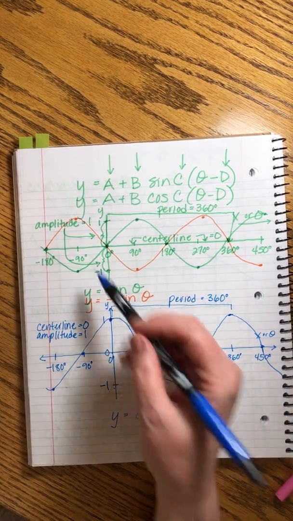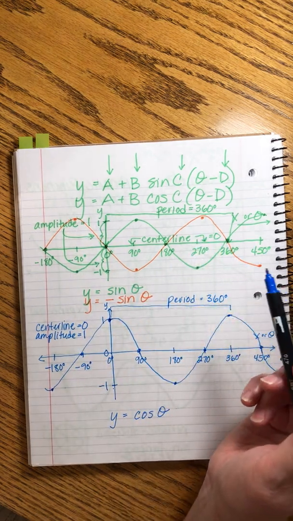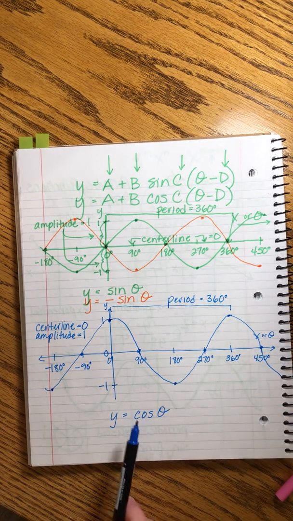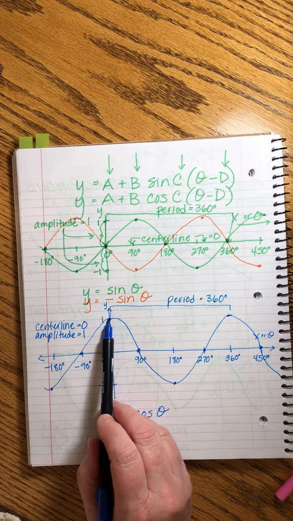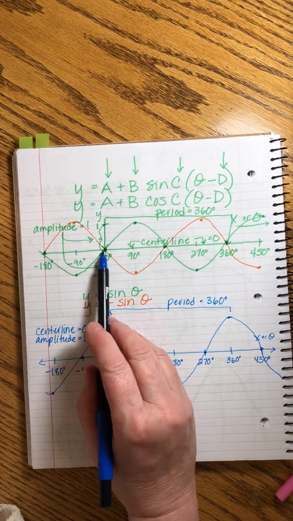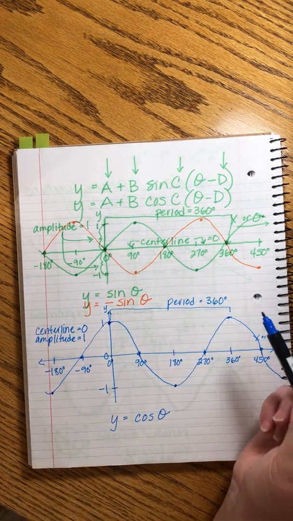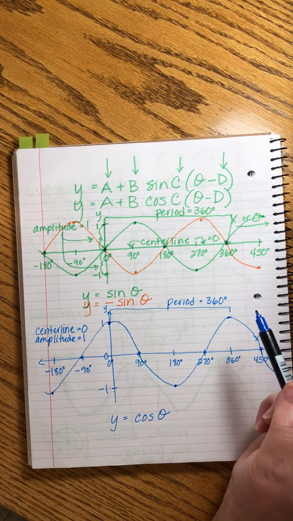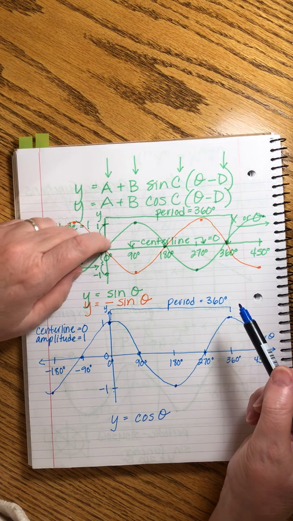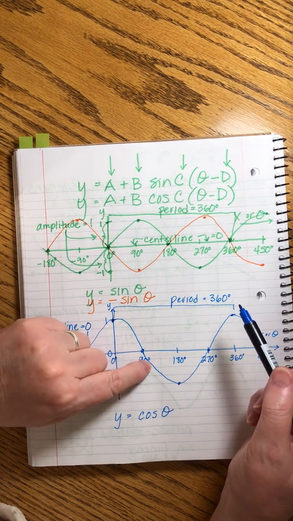We have the same amplitude. We have the same center line. Here's the only thing that's different. The cosine curve at 0 degrees is 1, and then it falls. The sine curve at 0 degrees is 0, and it climbs. That's all you need to know to remember the difference between these two. Sine starts at 0 and climbs. Cosine starts at +1 and falls.